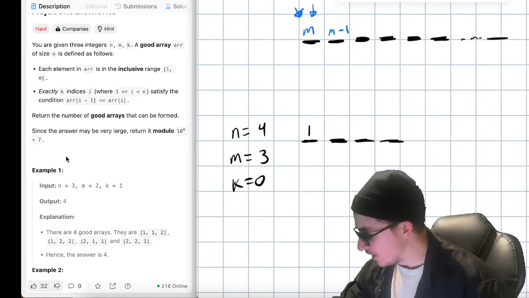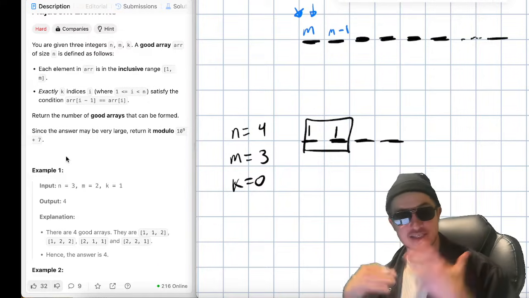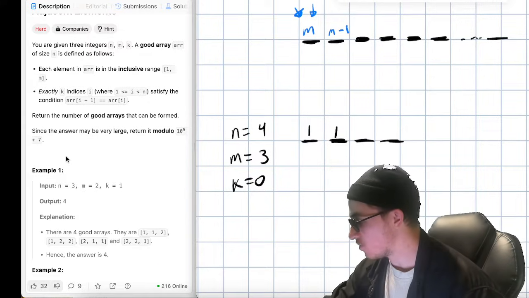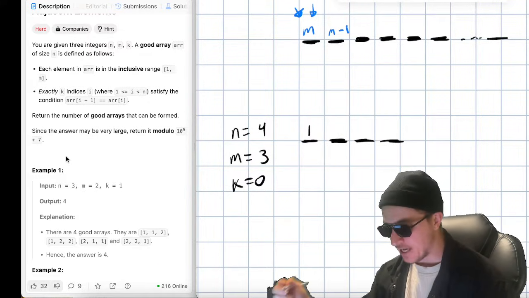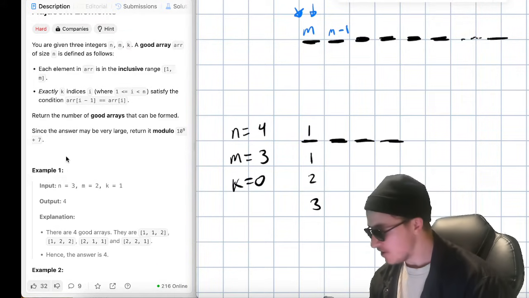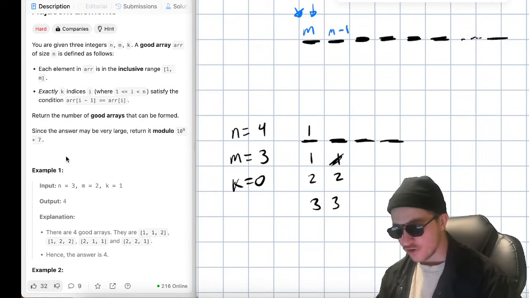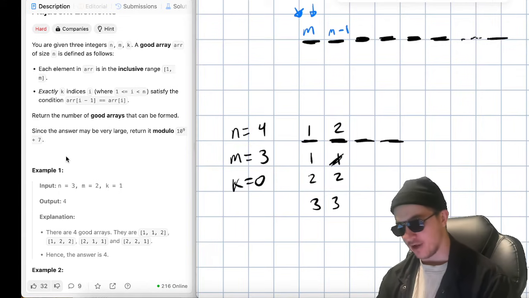Well, I can't put 1 here because then those things would be equal, and k equals 0 means that there are no adjacent elements that are equal. So what options do I have? My total options are 1, 2, or 3 because m equals 3. So I can't do 1. I can put either 2 or 3, right?